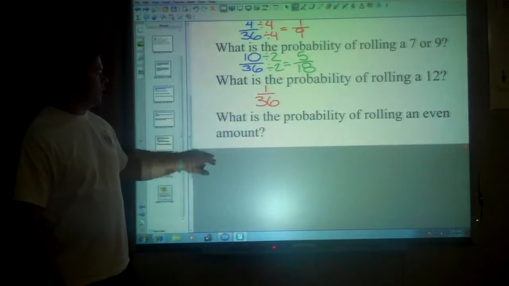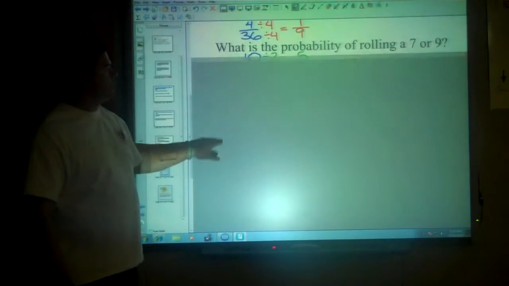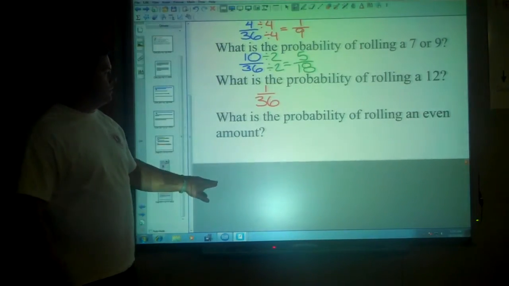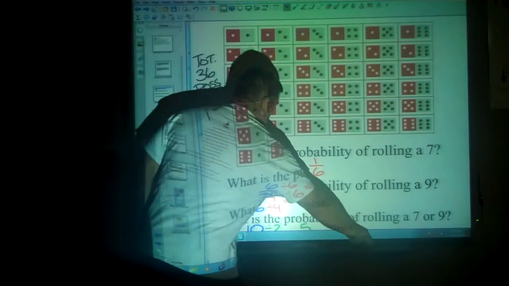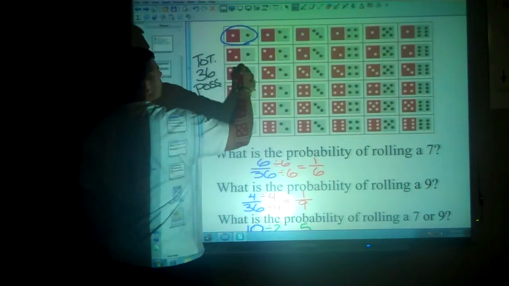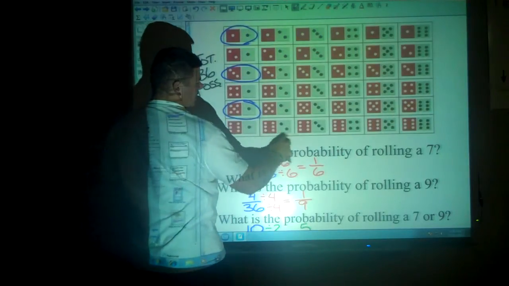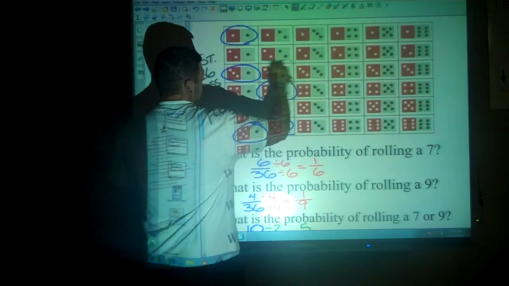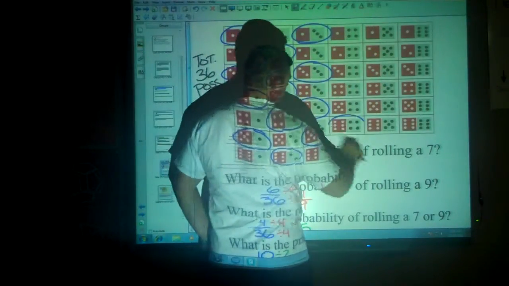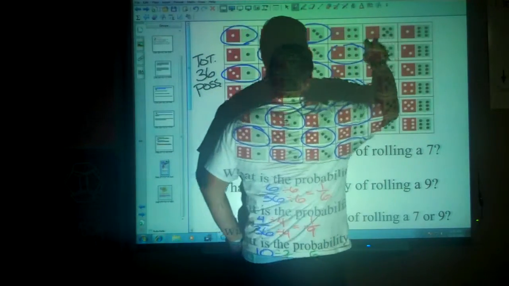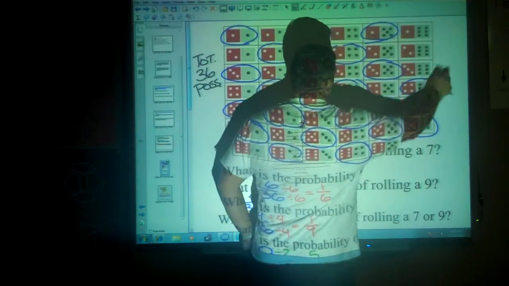What's the probability of rolling an even amount? Well, all the even amounts: if you add 1 and 1, you get 2. But 1 and 2 make 3, so that's not even. 2 and 6, even, and so on.